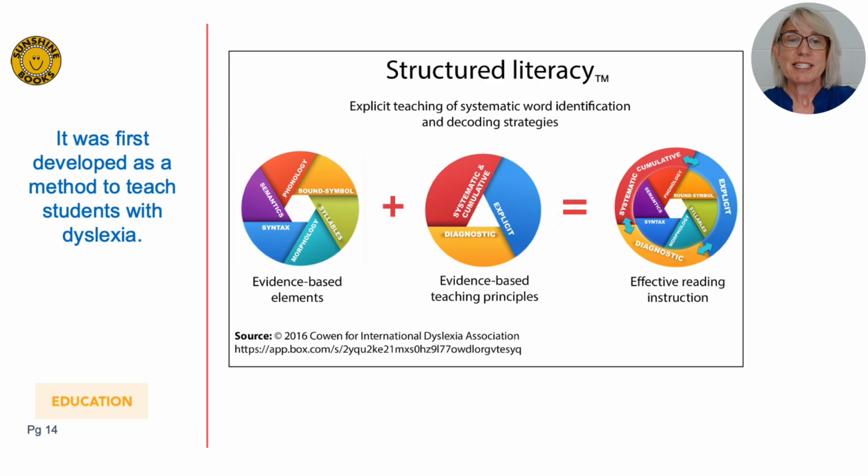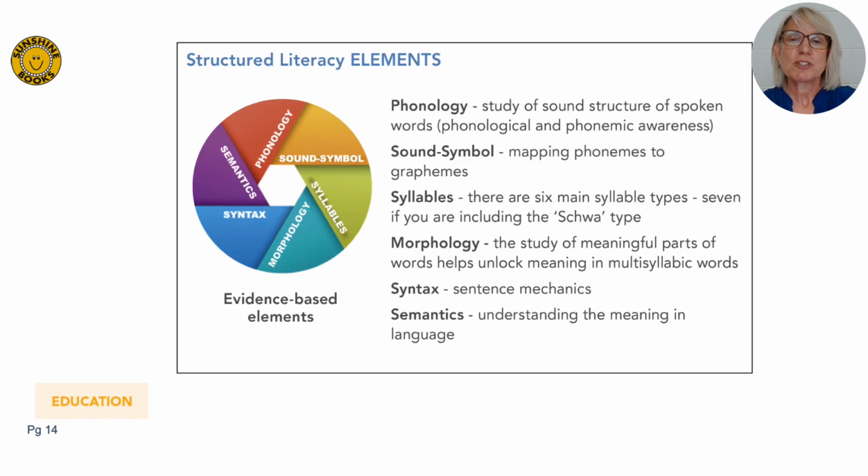It was originally developed to support students with dyslexia and is grounded in research about how the brain learns to read. A structured literacy approach includes key evidence-based elements: phonology, sound-to-symbol relationships, syllable types, morphology, syntax, and semantics. Together, these elements address both word reading and language comprehension.